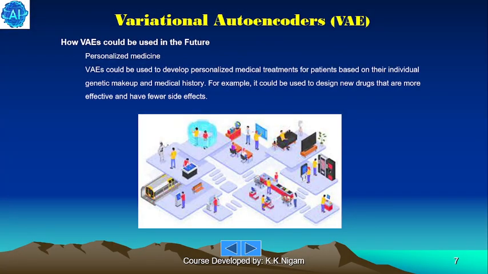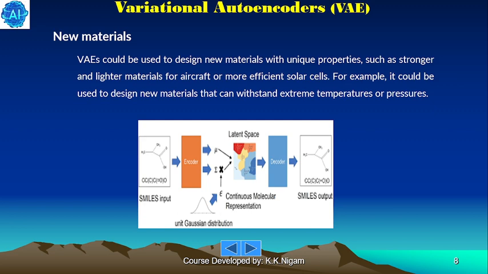How VAEs could be used in the future. Personalized medicine: VAEs could be used to develop personalized medical treatments for patients based on their individual genetic makeup and medical history. For example, it could be used to design new drugs that are more effective and have fewer side effects.